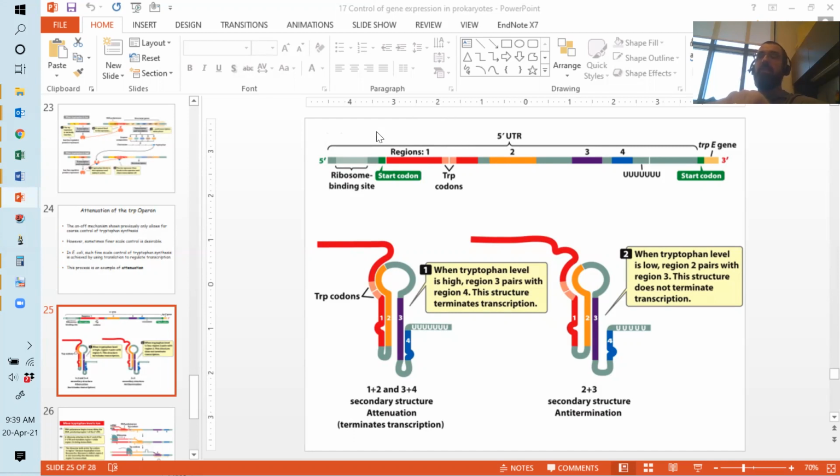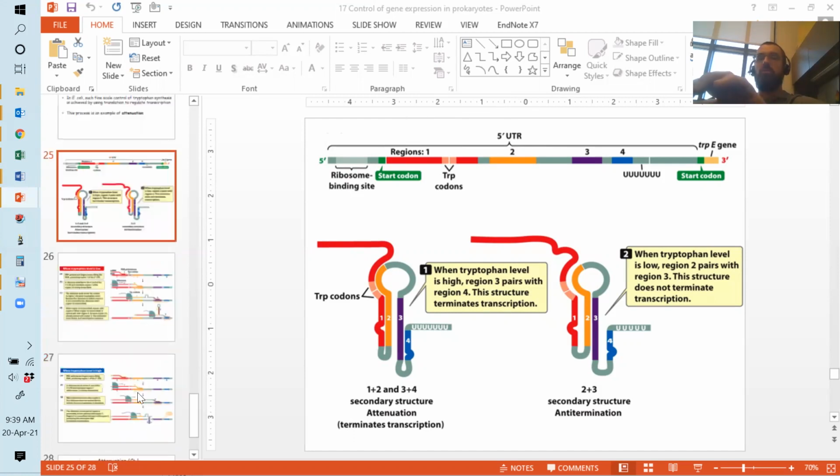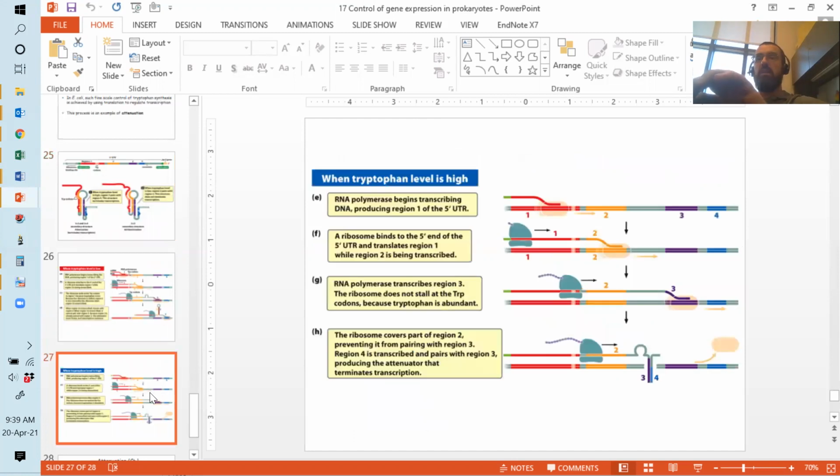And so if tRNA is present, translation continues past that into region 2, right? So remember that ribosome is a pretty big thing. So actually it's probably better described here. Right, so here are those 2, a little bit small, but you can see the 2 trp codons.